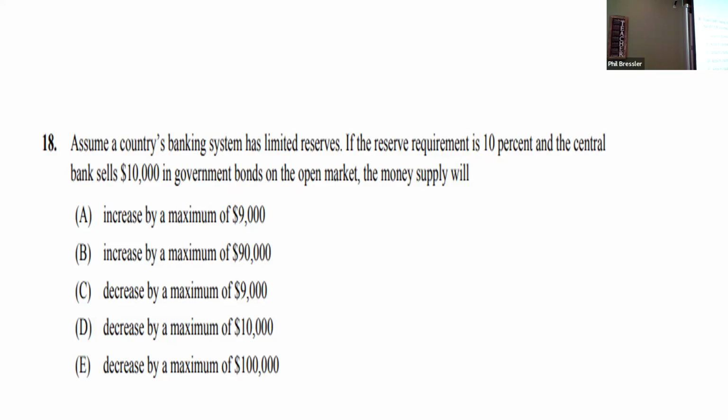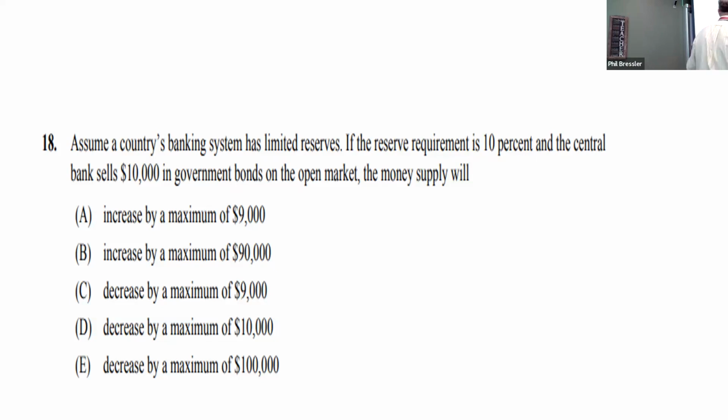Let me ask you first, Spiro, is the money supply going to increase or decrease? Increase. Still stop. They would decrease though. It's going to decrease. All right, so that gets A and B out. All right, now how much is it going to decrease?